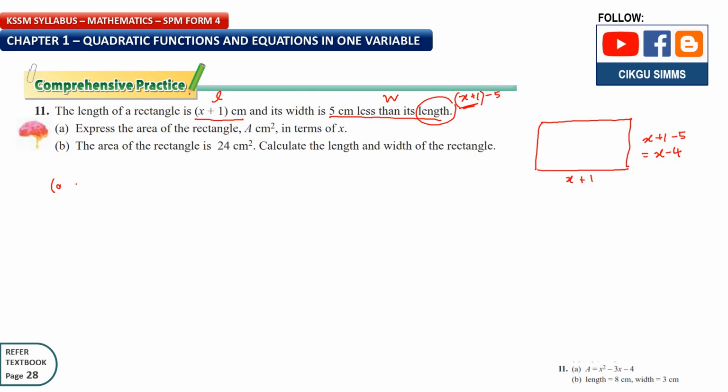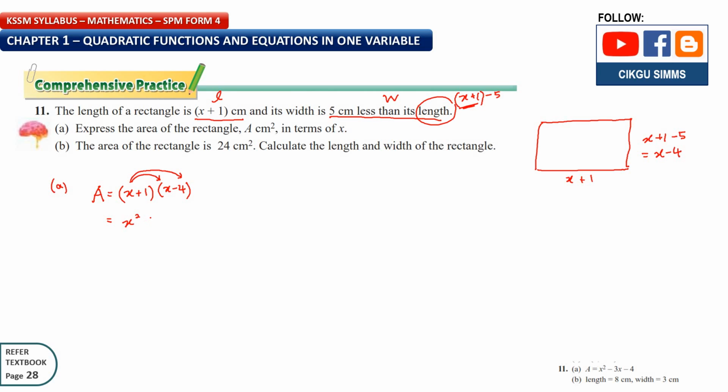So the question A, express the area of the rectangle A in terms of x. So A is length times width. The length is x plus 1, the width is x minus 4. And then you can expand it. x times x is x squared, and then x times negative 4 is negative 4x.